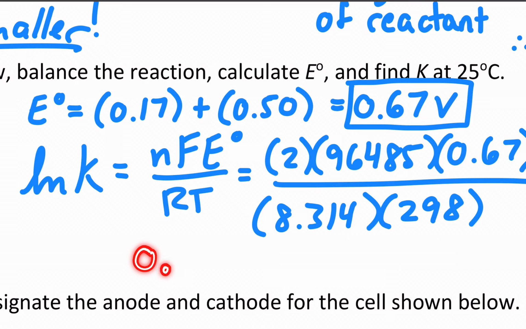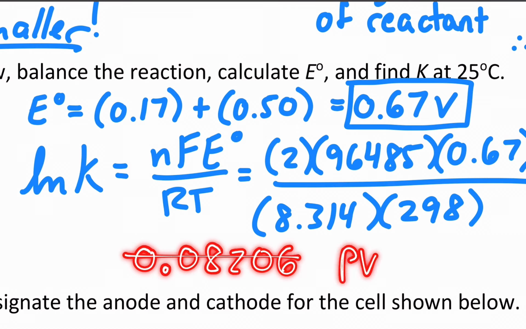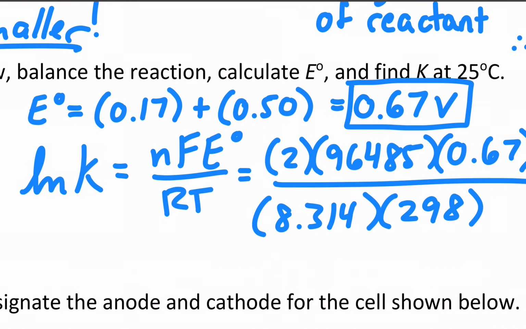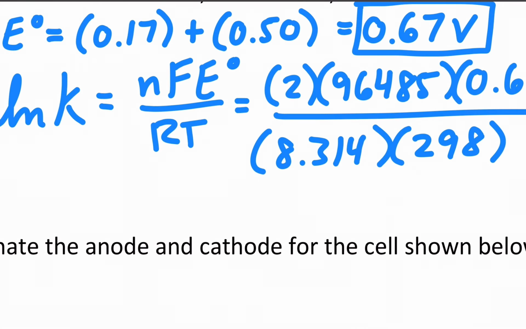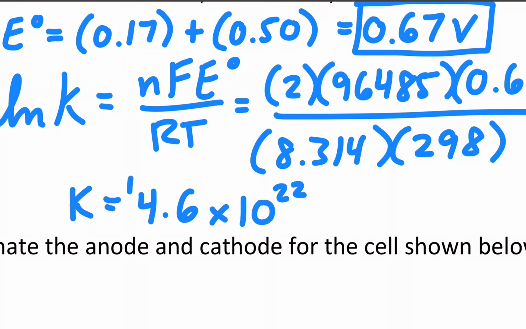Notice R is 8.314. It's not 0.08206. That's just for PV equals nRT. That's when you use that R value. They're actually interconvertible by a unit conversion, but we almost always see 8.314 with all these things that have joules in them. You do some calculator skills, and you'll get a value of K that's 4.6 times 10 to the 22.